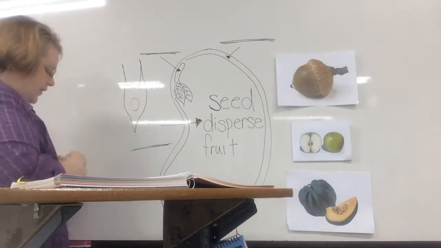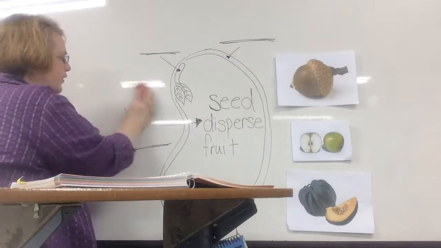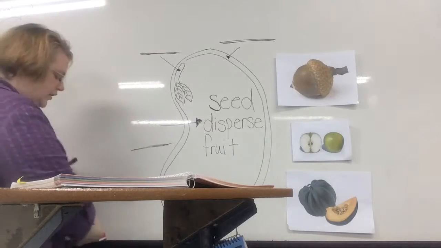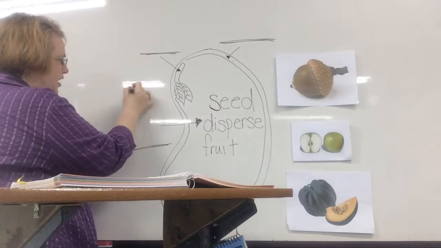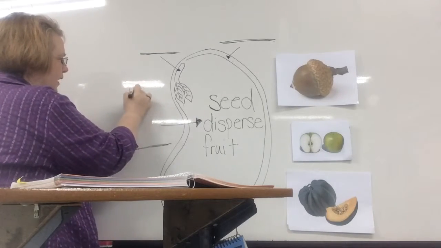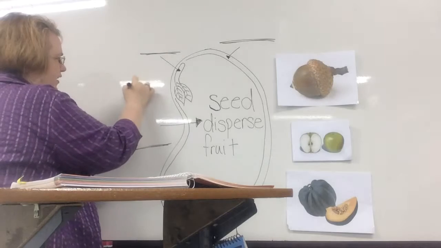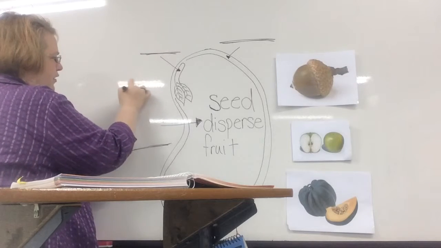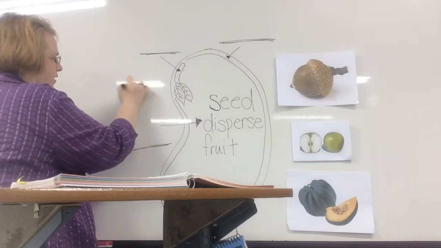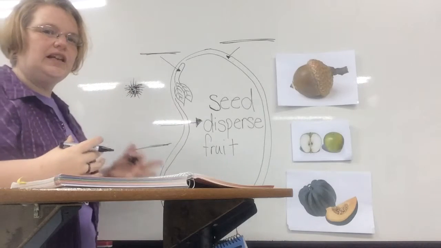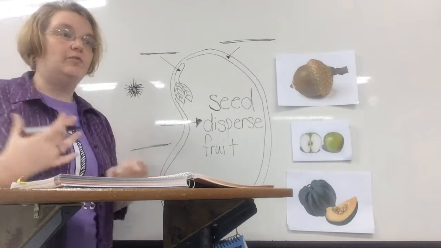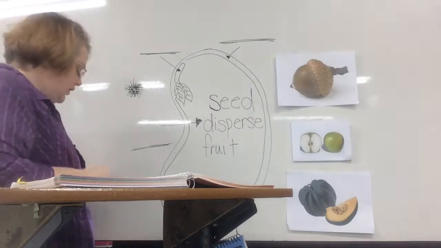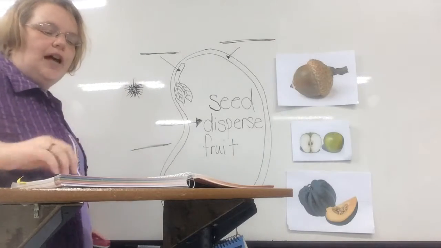And then maybe a burr would look more like this, kind of like a round shape in the middle, but there's all these little spikes sticking out of it. I don't know if you can see that from the camera's view. All these little spikes, and they stick really easily to an animal's fur. Okay? So that is an example of a burr.